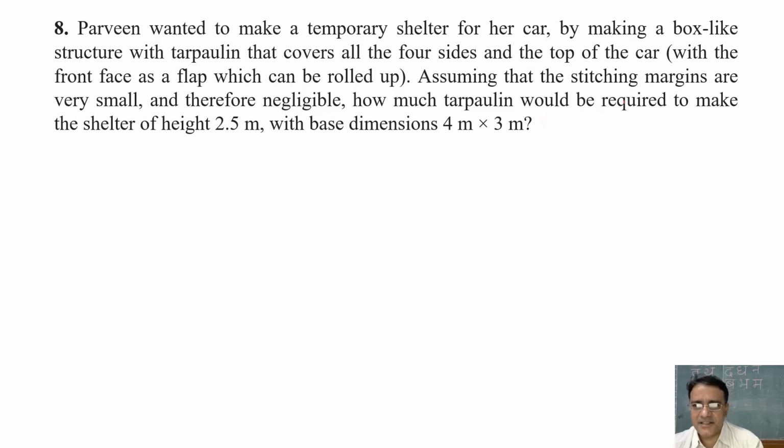Assuming that the stitching margins are very small and therefore negligible, how much tarpaulin would be required to make the shelter of height 2.5 meter, and this is the base dimension L into B. Okay. Now we are making the tarpaulin shelter, in it we do not have to take the ground. Okay, we do not take the floor bottom, only the area of 4 walls and top.